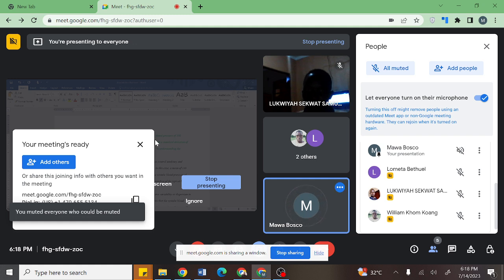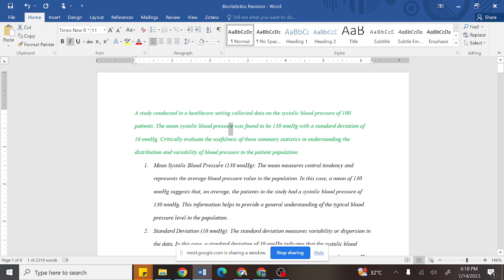Now the key measures that were taken were the mean, which is basically the average, and the standard deviation.